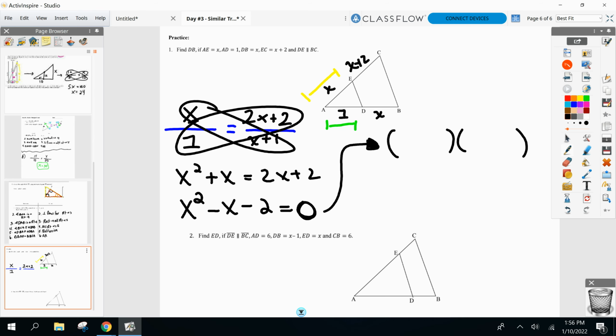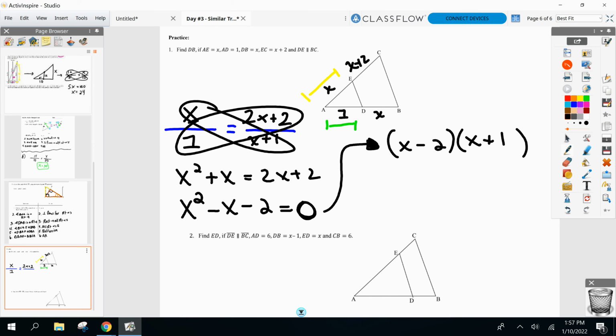Go ahead, keep going, we got time. 2 numbers that multiply to this and add to this. And then we end up with x minus 2 and x plus 1.